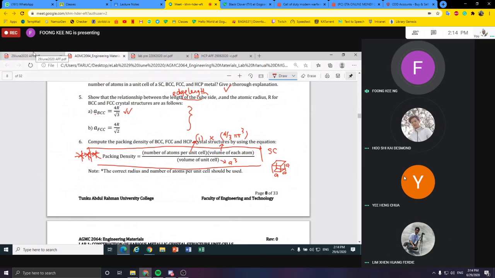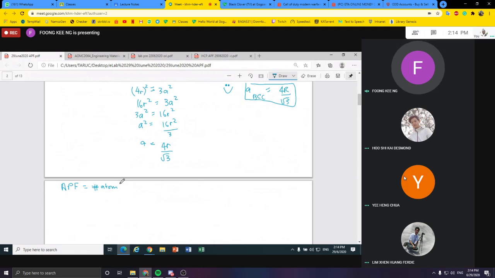So number of atoms per unit cell, multiplied by the volume of atom, 4 over 3 pi r cube, over the volume of the unit cell. This is a cube, remember? What's the volume of a cube? A cube, very good.